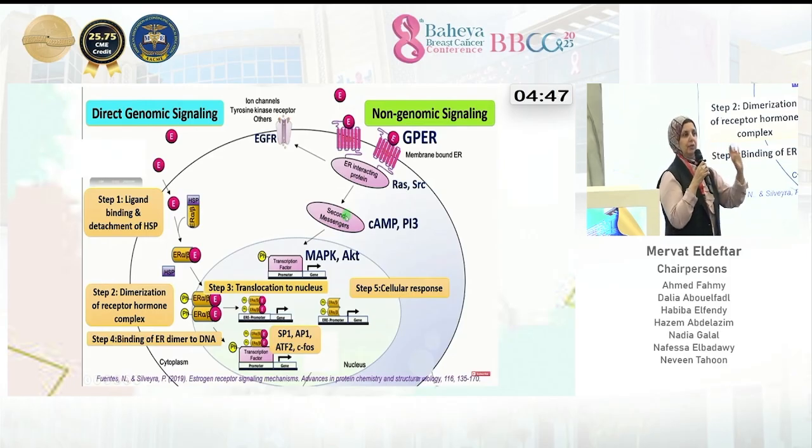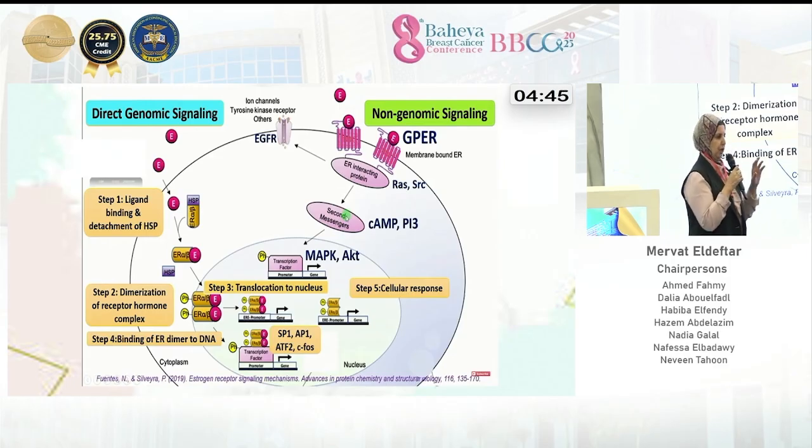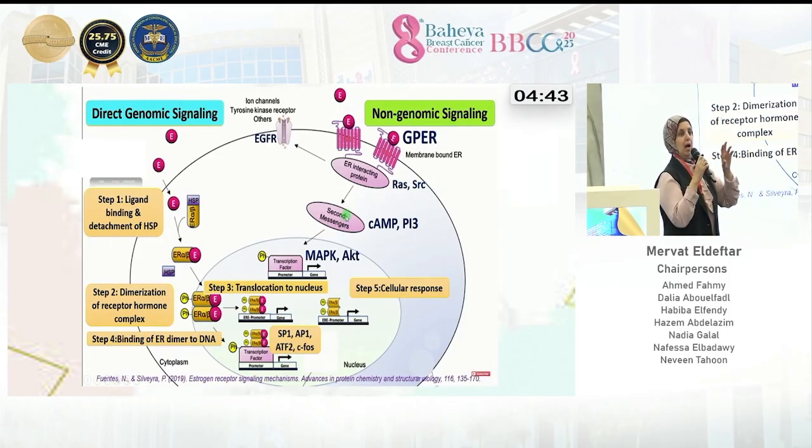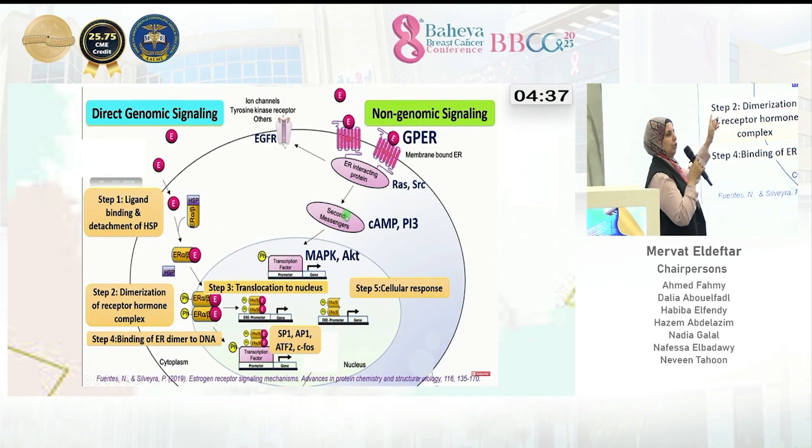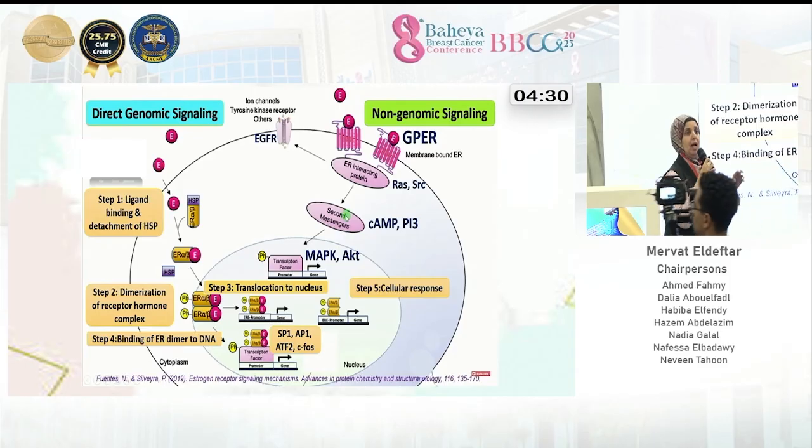They found out that estrogen works on the cells by either genomic signaling or non-genomic signaling. In the usual state, estrogen is a lipophilic molecule that passes through the cell membrane and interacts with the estrogen receptor.